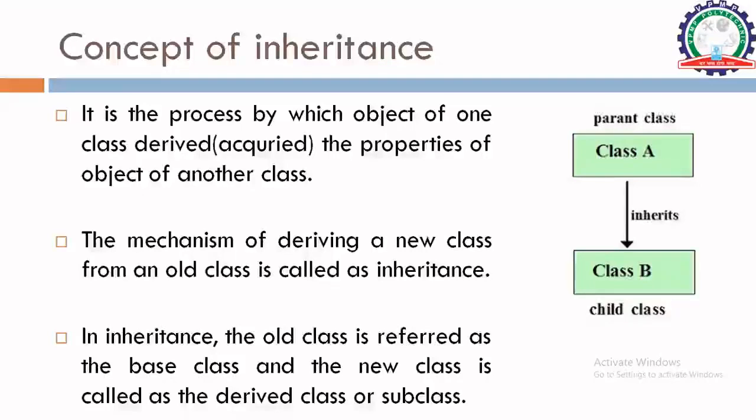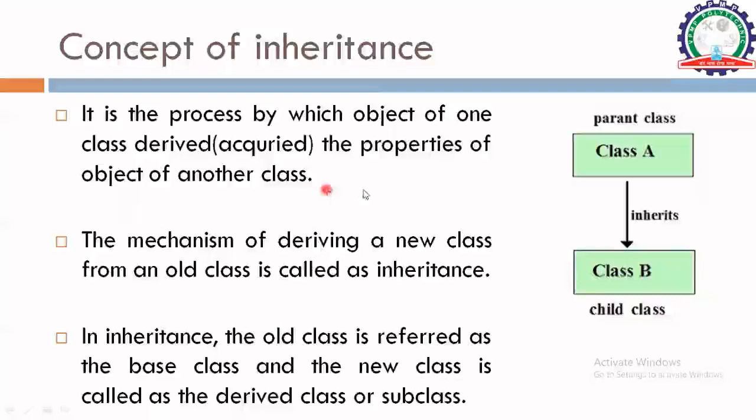Inheritance is the way by which a new class can acquire the properties of an existing class. So, we can say it is the process by which an object of one class derives the properties of an object of another class.